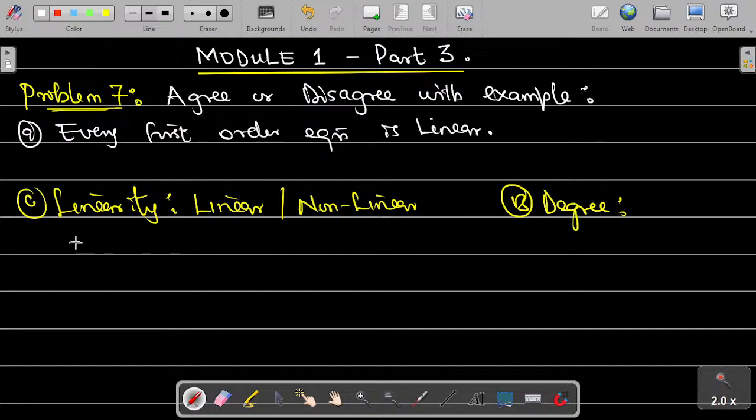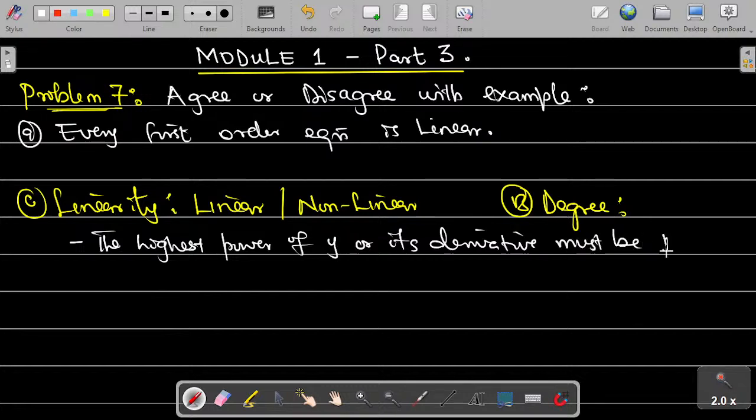Let me state some of the conditions for linearity. First is that the degree, or let me put it this way, the highest power of y and its derivatives, any of them, must be 1.